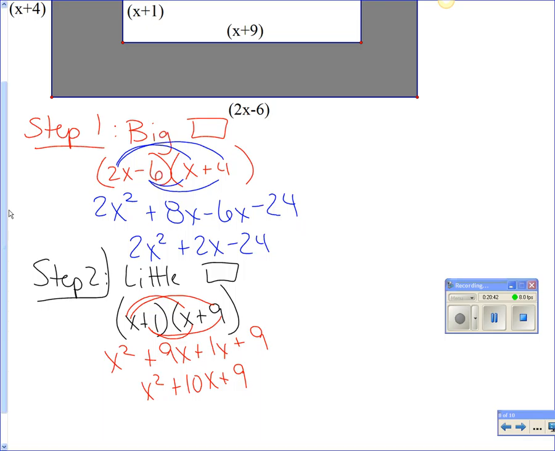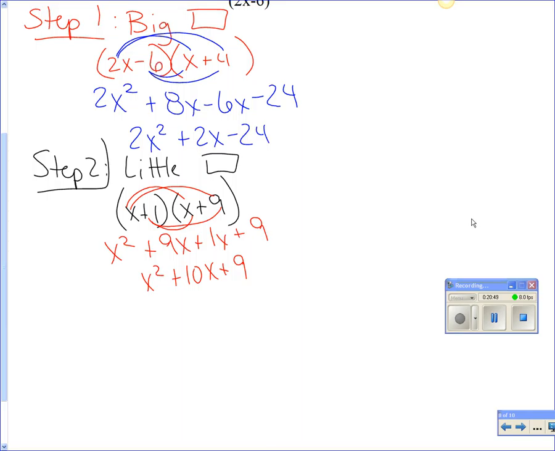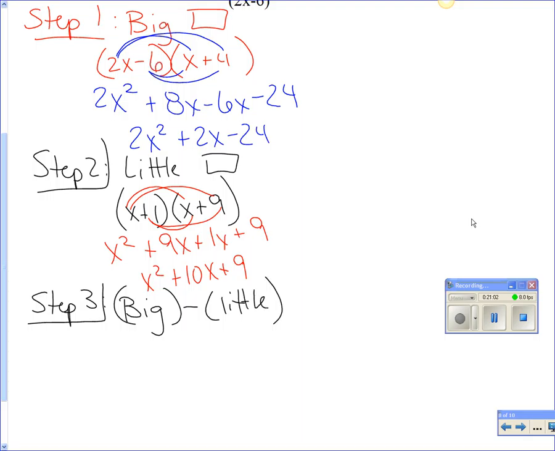All right, guys, the last step. I know this one is long. Yep. Subtract them. So, step 3 is big minus little. And you do need to use parentheses, and I'll show you why in a minute.